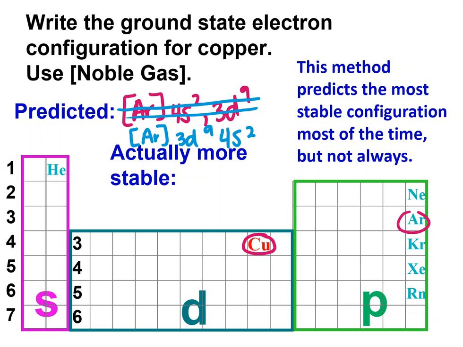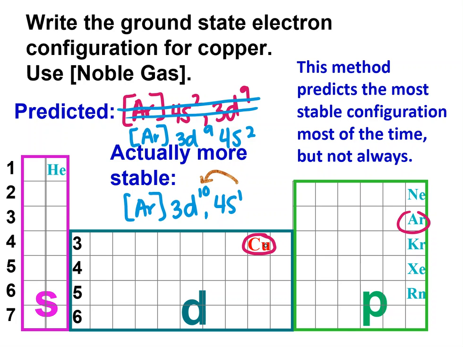Okay, well, it turns out that what's actually more stable is to have argon 3d10 4s1. So what's happening is that one of the electrons, I said 1 and wrote 2, one of the S electrons moved to the D shell.